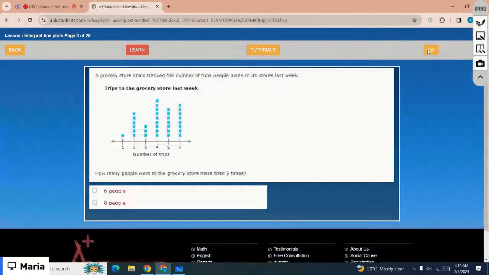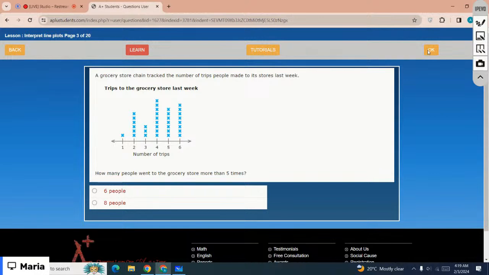A grocery store chain tracked the number of trips people made to its stores last week. How many people went to the grocery store more than five times? Which is the correct option? More than five means you have six.